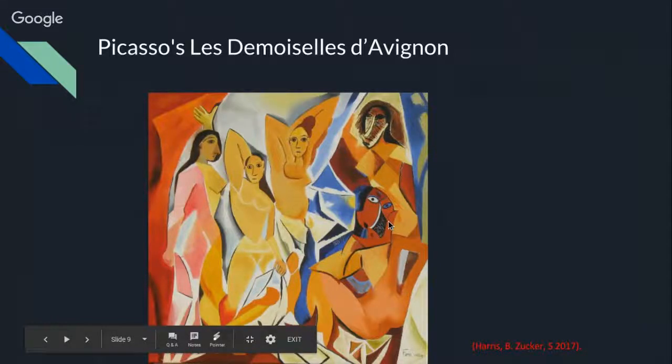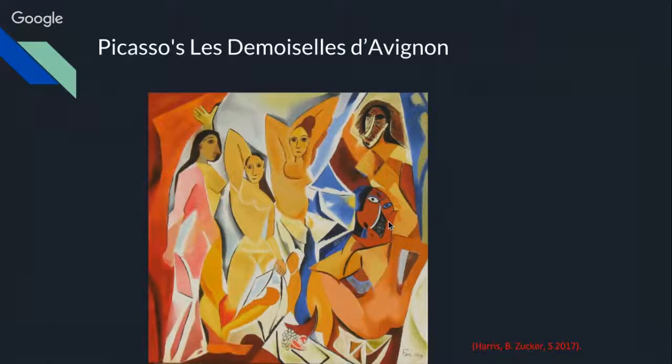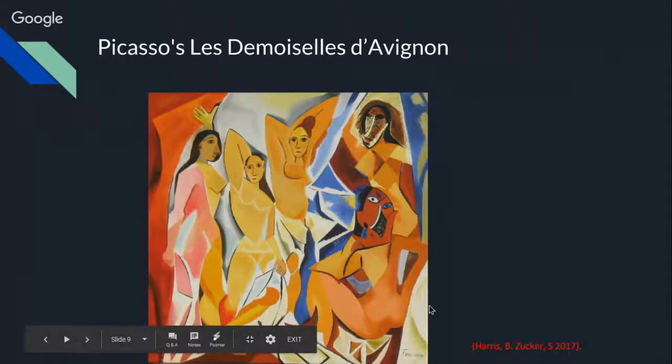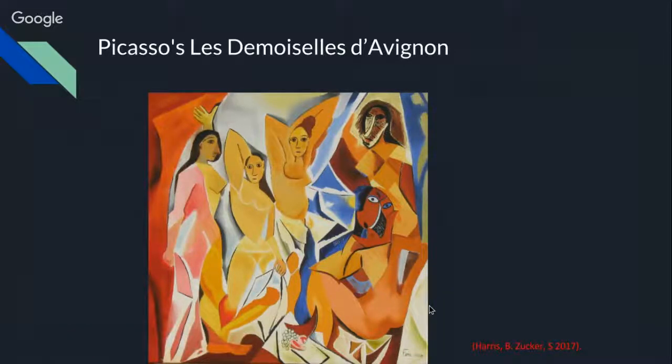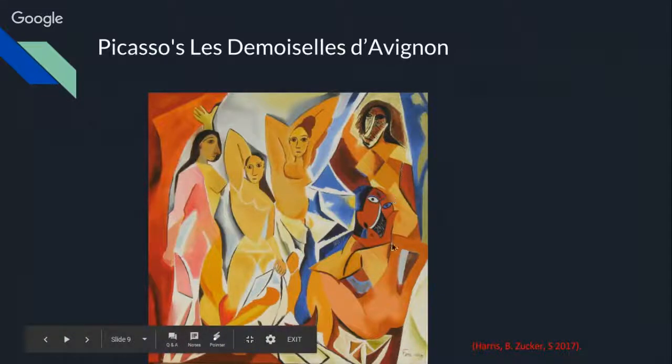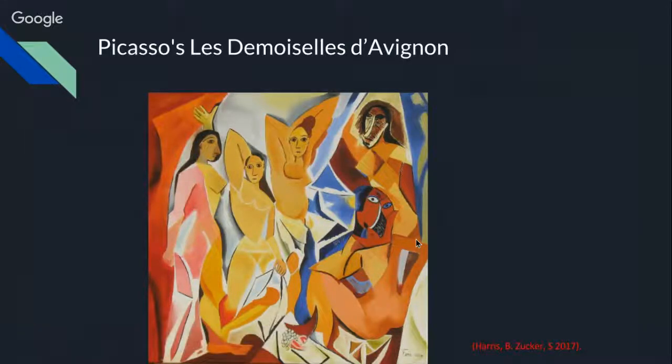And so Picasso paints these women to turn their gaze outward. So they are open. They are engaging directly with the viewer's eyes. And so these two women have African masks on. And so this represents France, because France had colonial possessions in Africa.